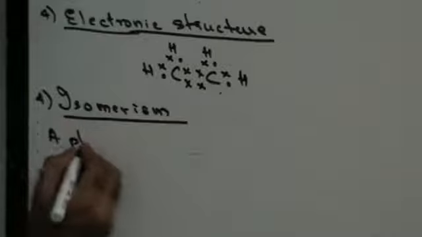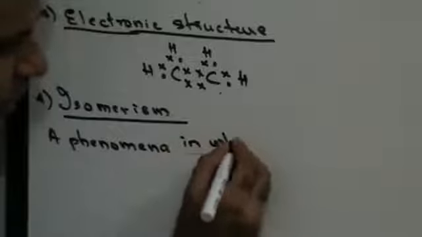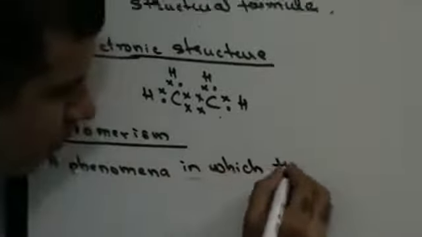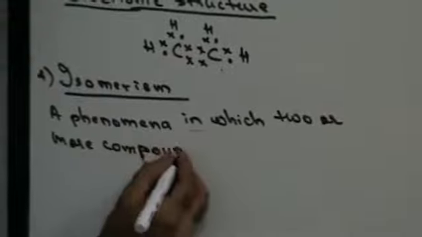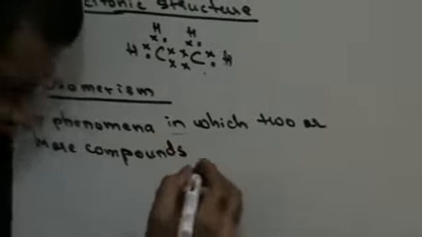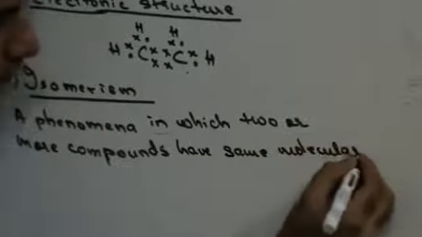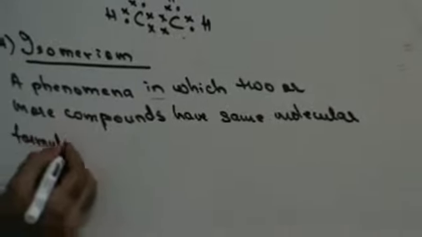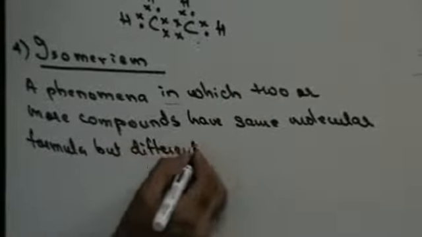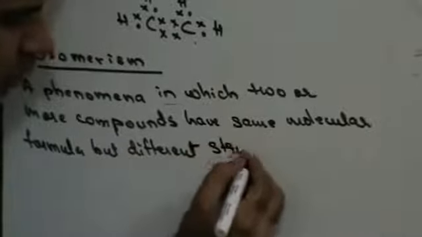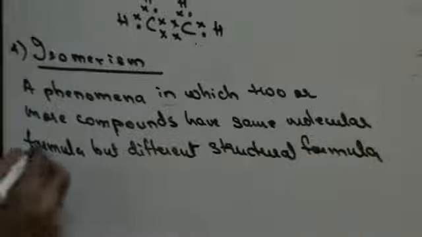A phenomenon in which two or more compounds have the same molecular formula but different structural formula is called isomerism.